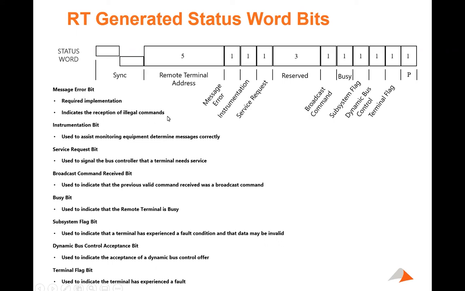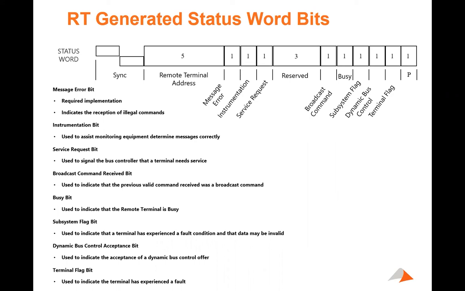We haven't got to the part yet where we've defined illegal words, but if a bus controller were to talk to an RT and tell it a certain subaddress or data word or subaddress and data word combination that it doesn't support, that's an illegal command.